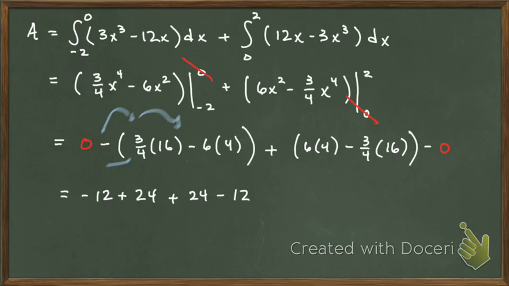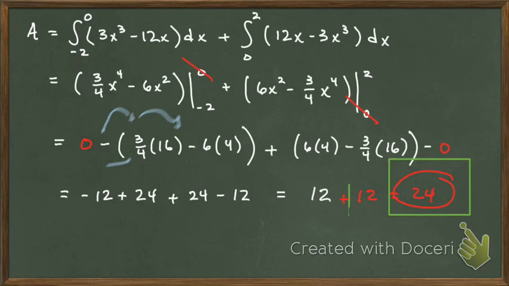All said and done, 24 minus 12 plus 24 minus 12 is 12 and 12. Wait, I made a mistake. It should be 24. I apologize. Indeed, the correct integral, that area is all combined to give me 24.